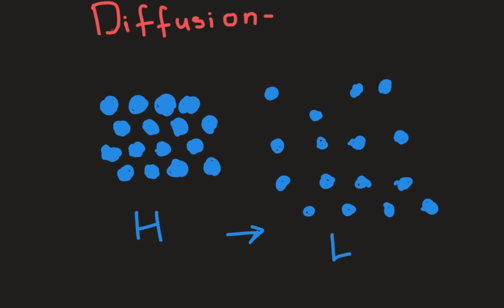In order for this to happen, we must have permeability, and usually the diffusing solutes are nonpolar and small. Some examples of this are oxygen, carbon dioxide, or some hydrocarbons depending on the cell.